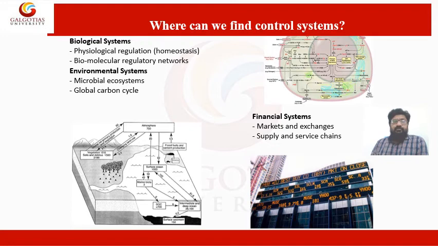In addition to the examples given above, we can find control systems inside our body. There are biomolecular regulatory networks which control the secretions of hormones. There are physiological regulations like homeostasis. You can also find control systems in the environment, like the global carbon cycle and the rain system.